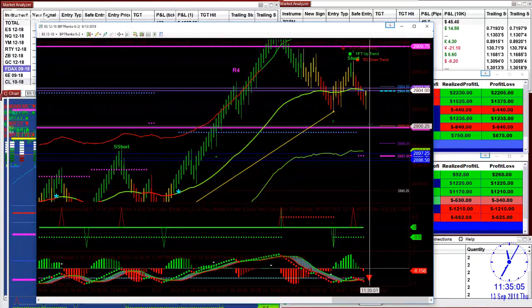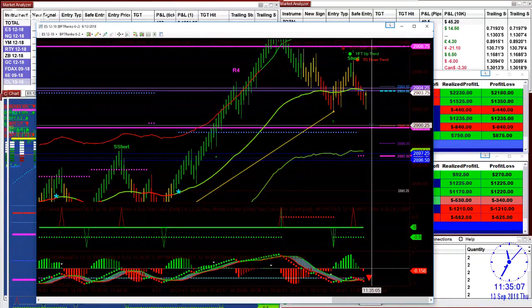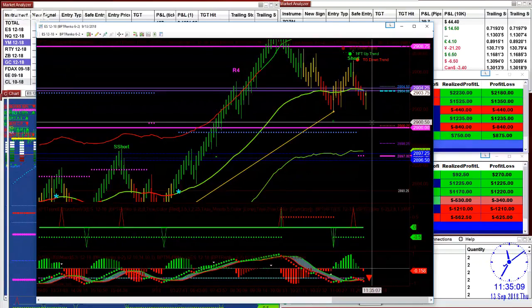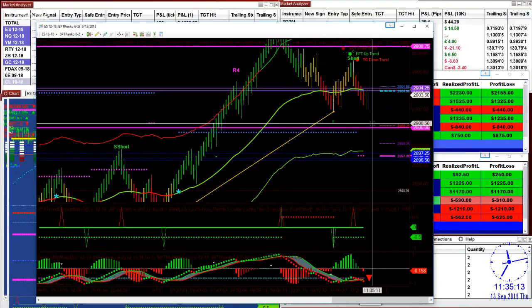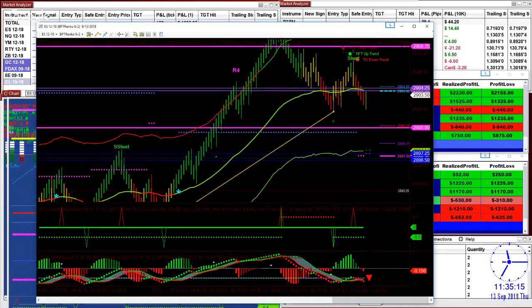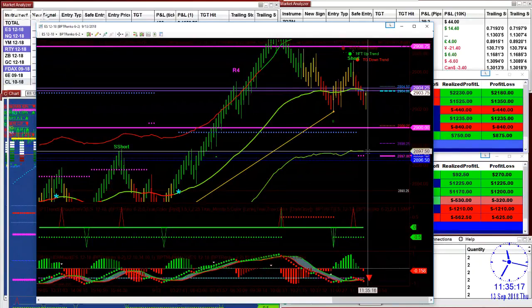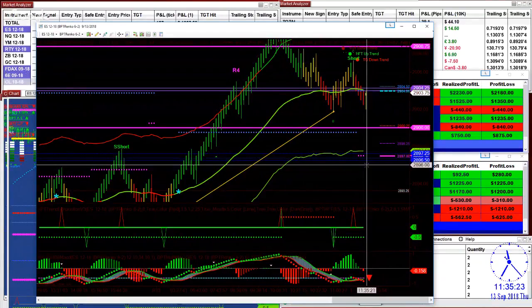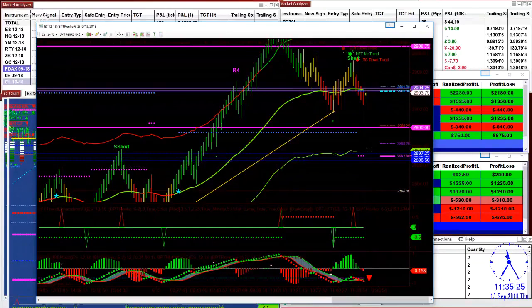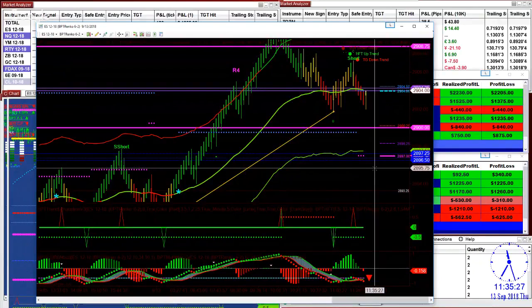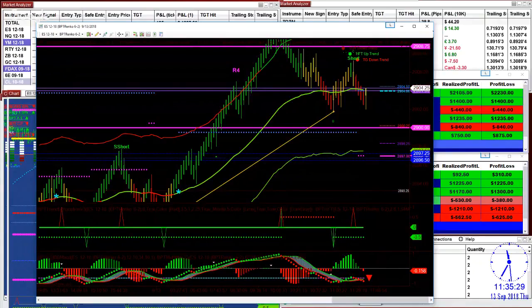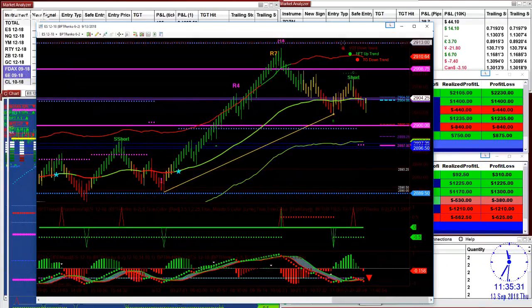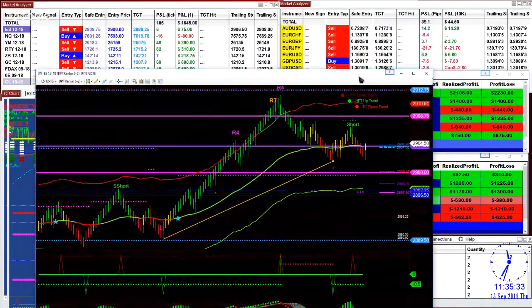If you wanted to go two contracts, do not go two contracts on a 0025 or 0050. You go one contract in here, and then the second contract, you put it at 97.50. Stop loss on both of them is 96. Okay, did this market decide to move?